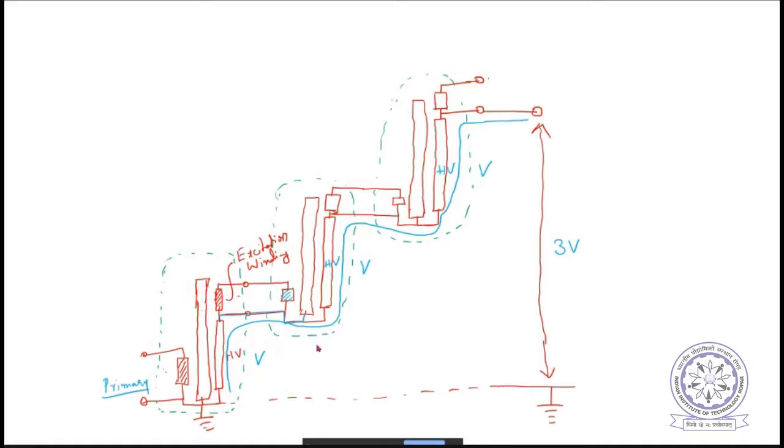And ordering identical units is cheaper than ordering different kinds of units. If you are saying that you can get 3V at the output of one of the transformers, why not the other transformers? You make 3V. See, you are saying 1 plus 2 plus 3. I am saying 3 plus 3 plus 3, 9.